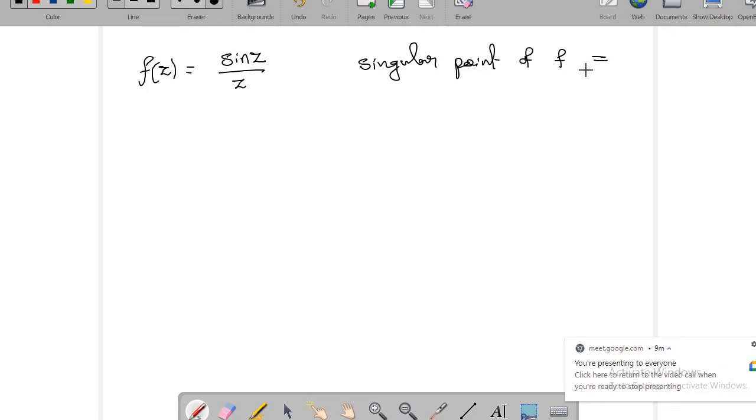Yes, the singular point of f is z0, which is 0. Here in this case it is 0. Okay, so let me see, is it an isolated singularity? Yes, sir. Why? Because this is the only singularity. Definitely it is an isolated singularity, no question in it.